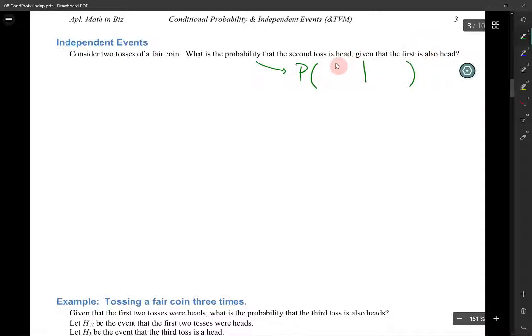So something about number 2 is head, given that number 1 is head.